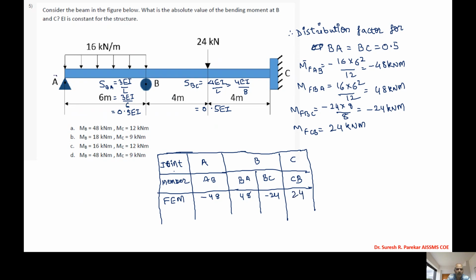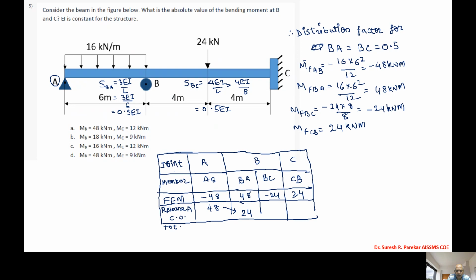Now support A is a simple support which is an end, so we have to release support A. Release means we have to add the opposite moment, and then we have to carry over to BA, which will be 24. Then we find the total moment over here.